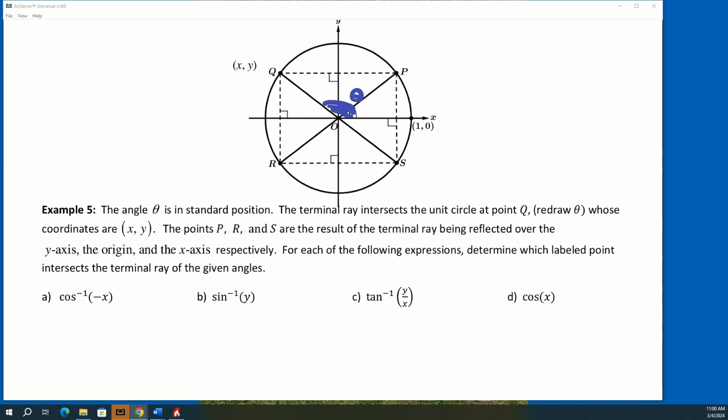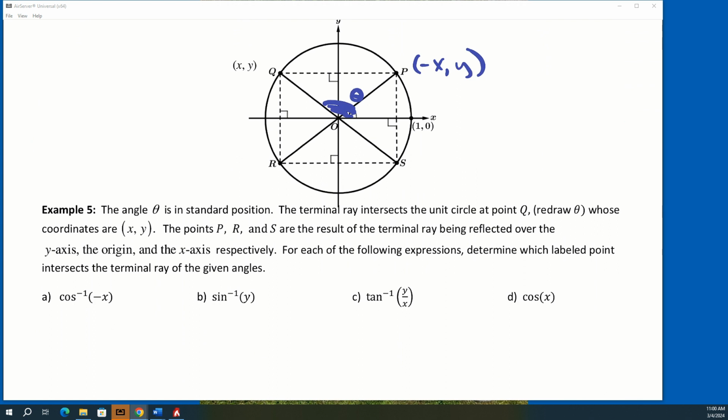That does not mean that the x coordinate is positive. It just means we are calling the x coordinate x. This is going to feel kind of weird. I'm going to take that, I'm going to reflect it on the y-axis. So what should my P coordinates be? It's the opposite of x, y.